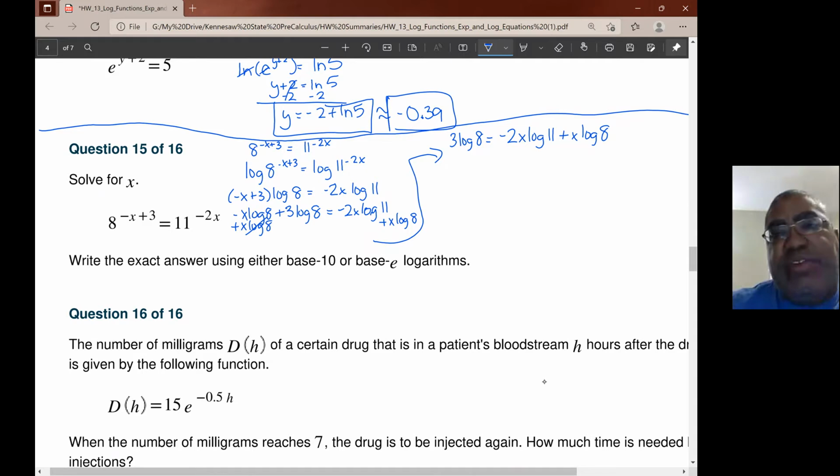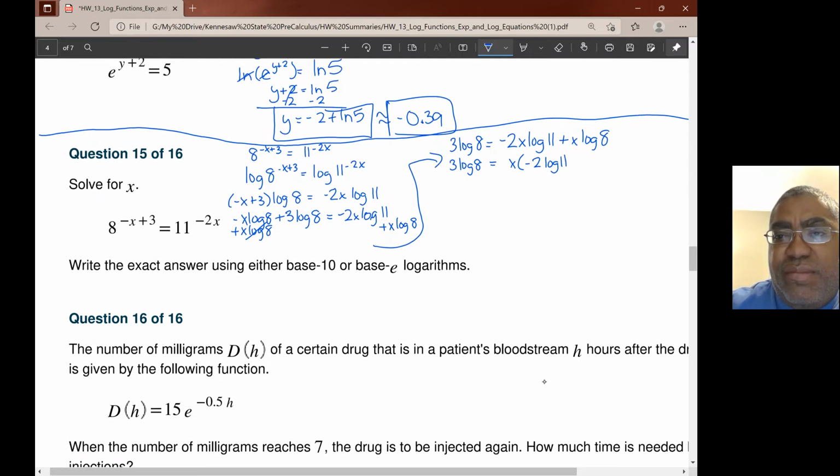Factor out x, the GCF of these two terms. So 3 log of 8 is equal to x times negative 2 log 11 plus log of 8. And then I'm going to divide both sides by negative 2 log 11 plus log of 8.